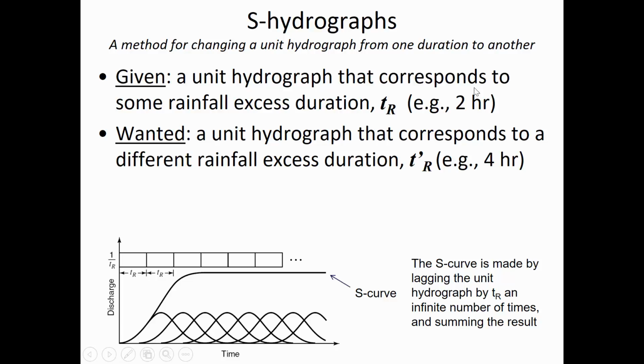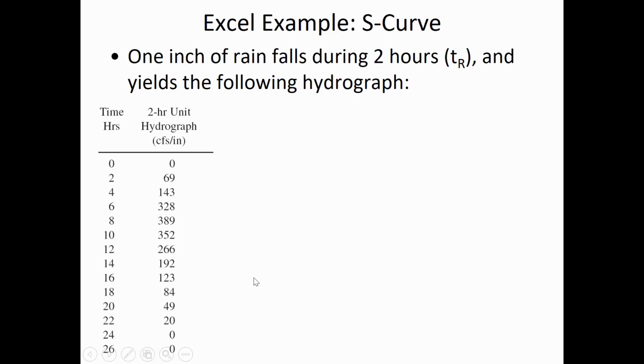So if this was 2 hours of rainfall excess, then this T sub r here is 2 hours wide. You can see that the peak is coming after that. But we assume there are these repeating 2-hour storms back to back to back, and that's what would cause the S-curve. Through a procedure that we're going to go through in Excel, we can convert it to the 4-hour duration by having these overlapping curves and then subtracting them out.